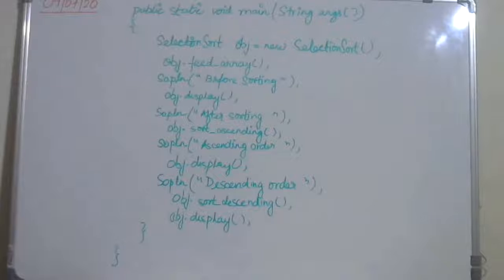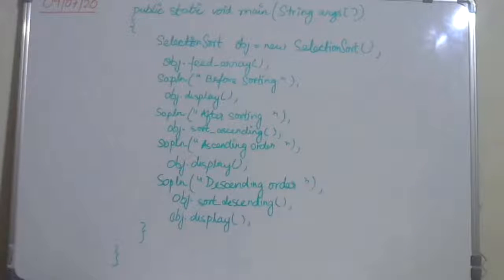It's more or less easy once you understand how it works. If you understand the for loops inside the sorting functions, it's pretty much easy to write the program on your own.